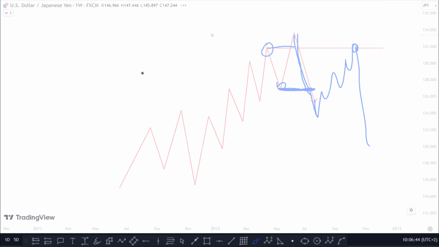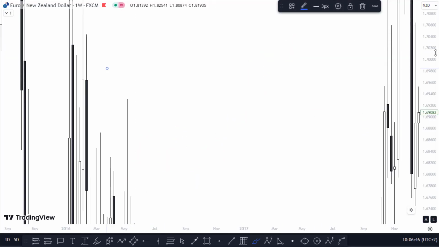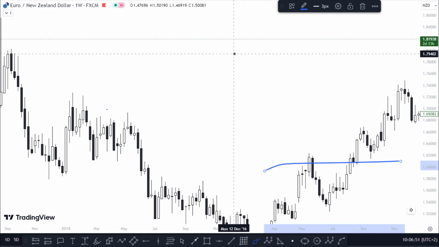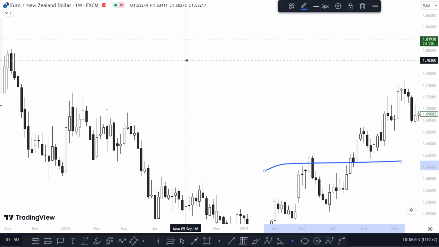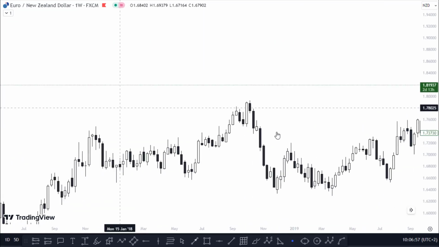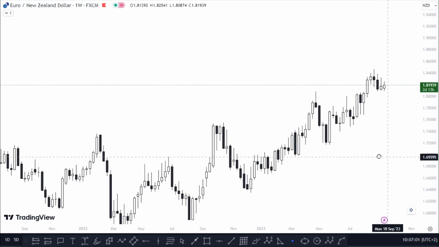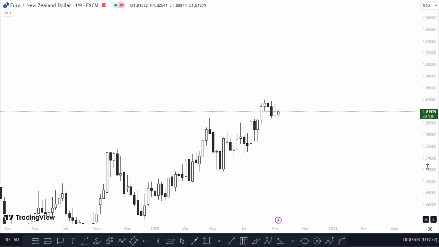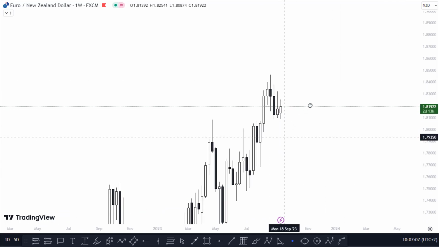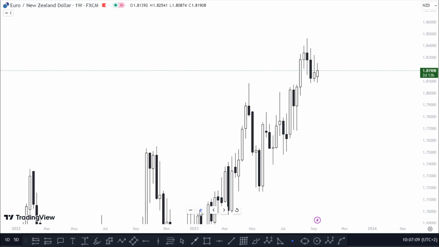So on Euro NZD, FXCM, I'm going to show you a recent example that unfolded.